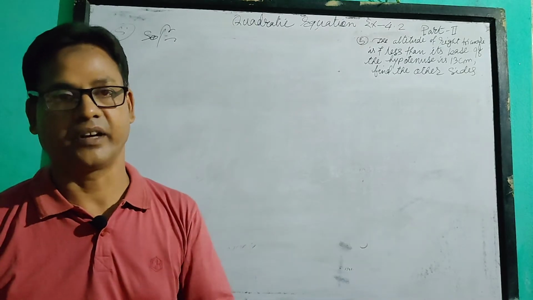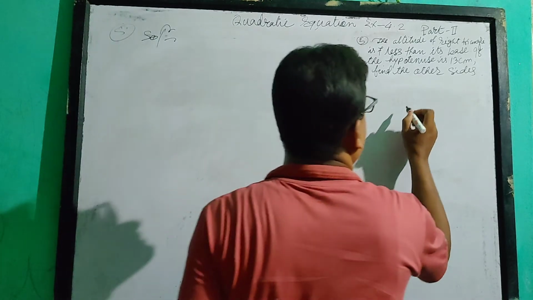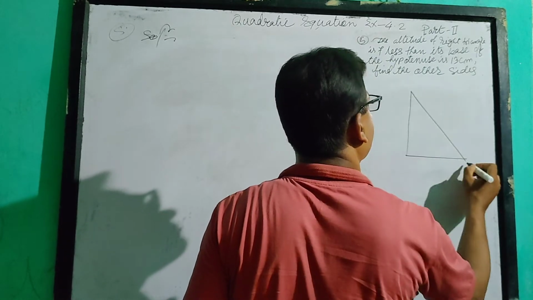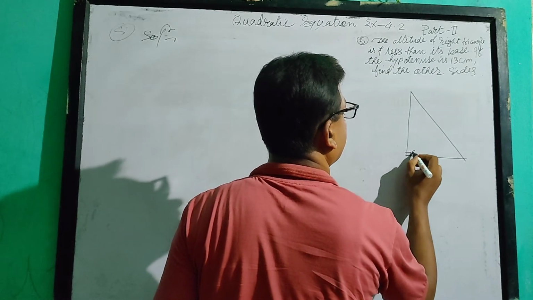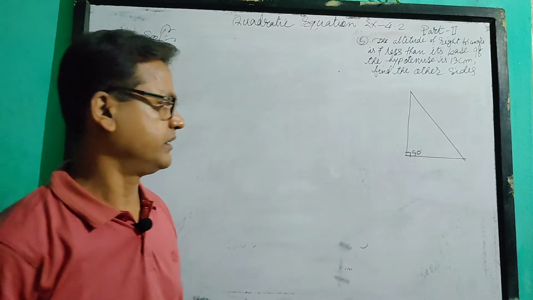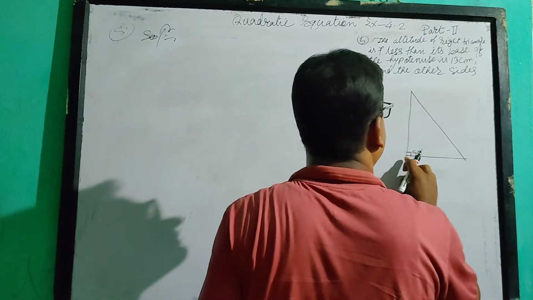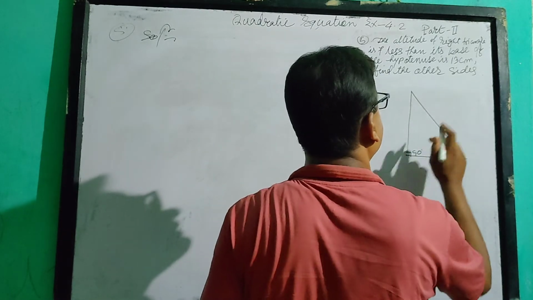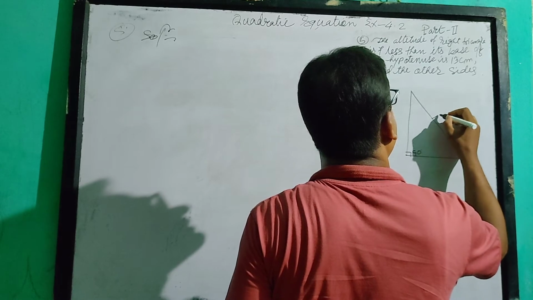One is the hypotenuse. Suppose it is a right triangle, which means one angle must be a right angle. Right means 90 degrees. Then the side opposite the right angle is what?